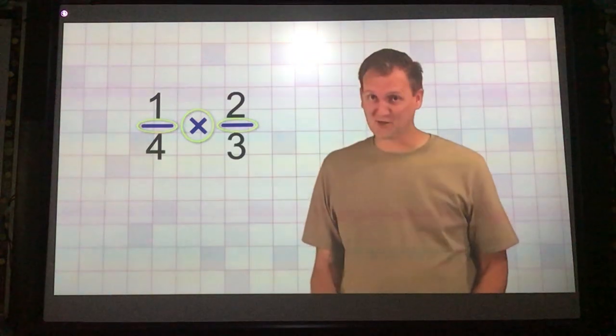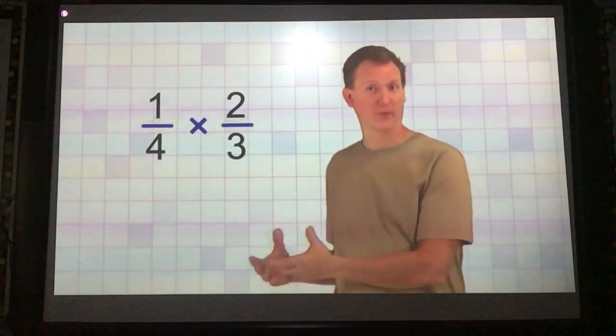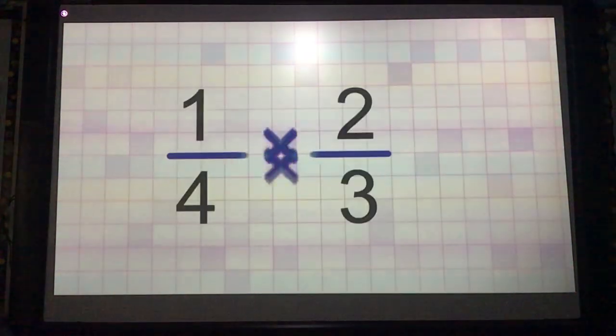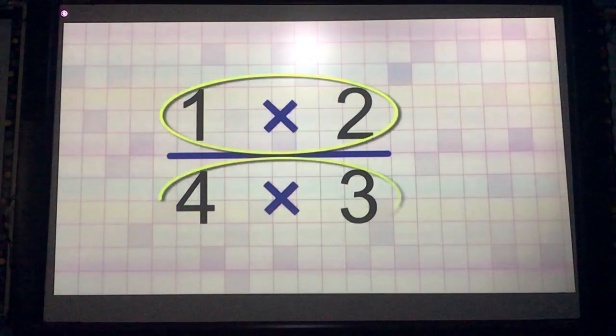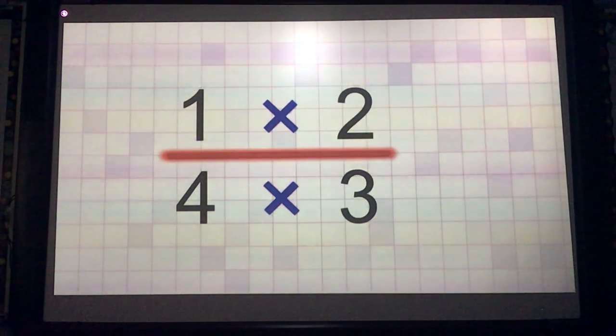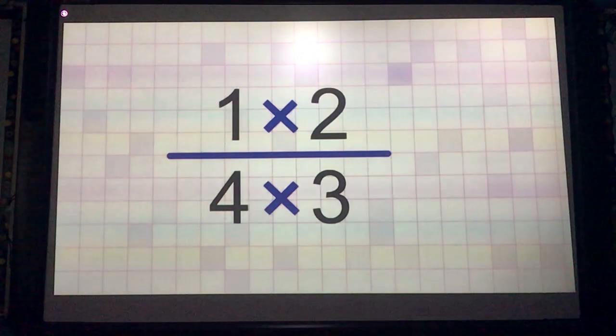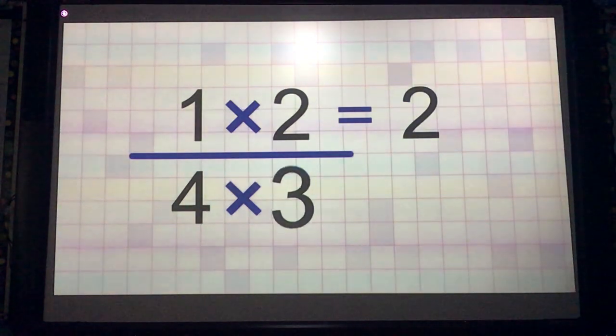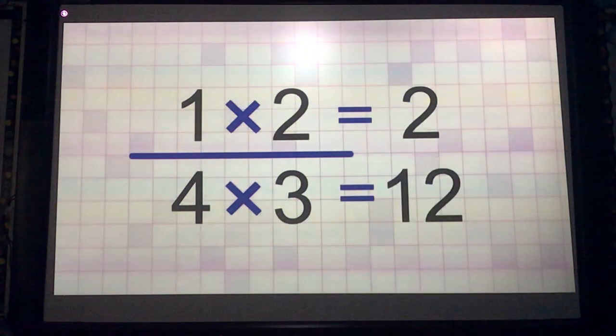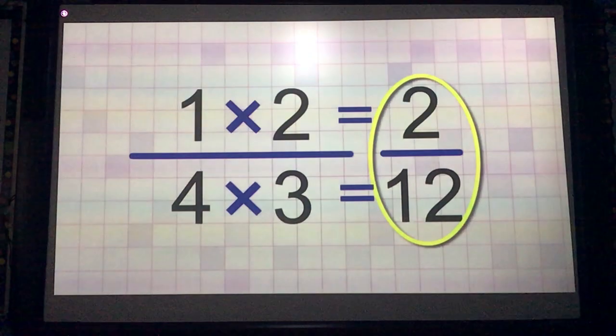And because they get along so well, that means I can just rearrange our problem to look like this. Now it looks like two multiplication problems that are being divided, and it looks just like a fraction. In fact, if we go ahead and do the multiplications, 1 times 2 equals 2, and 4 times 3 equals 12, then we do have a fraction, and it's the answer to our problem.